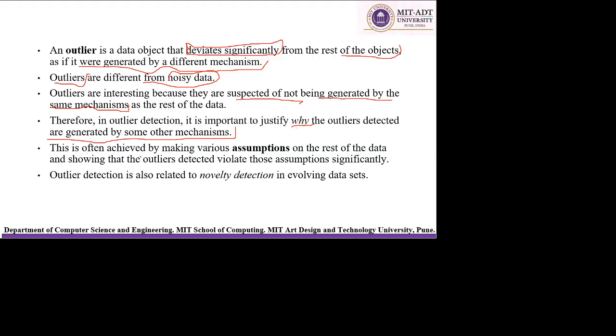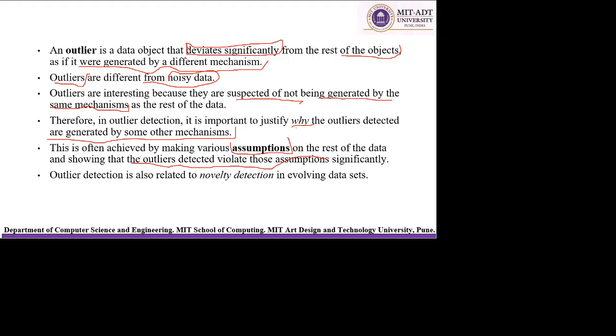And this is often achieved by making various assumptions on the rest of the data. If the data object satisfies this assumption, then it is not an outlier. If it does not satisfy the assumption, then it is an outlier and it violates this assumption.